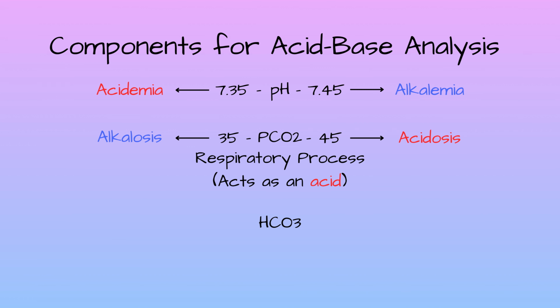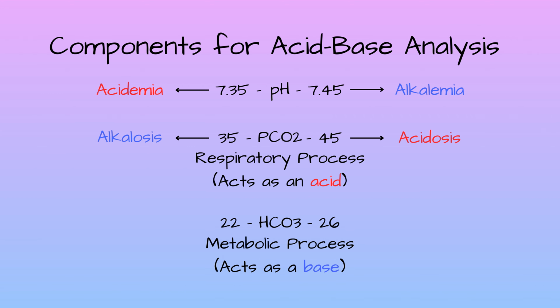The HCO3 or bicarb is slowly regulated by the kidneys, making it a metabolic process. Bicarb is functionally a base within the body. When you hear bicarb, think base. Because bicarb is a base, when there is less than normal base, it will make the blood more acidic.